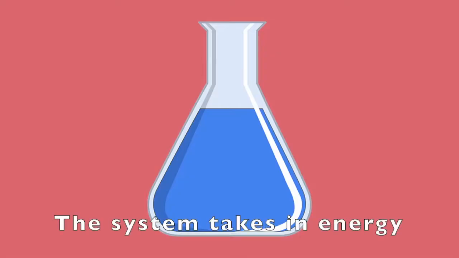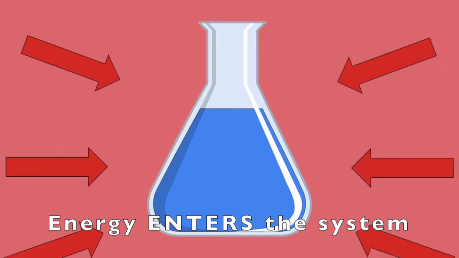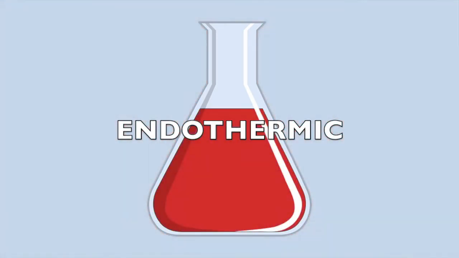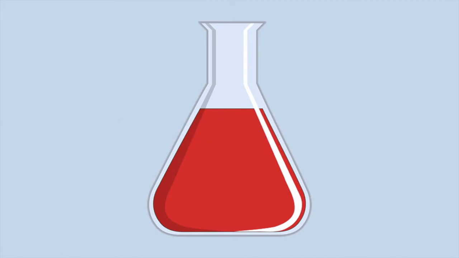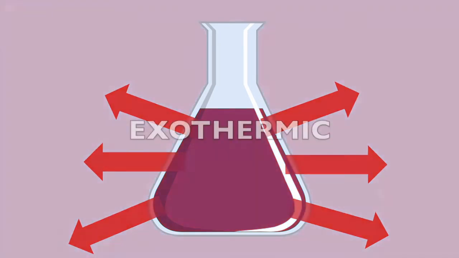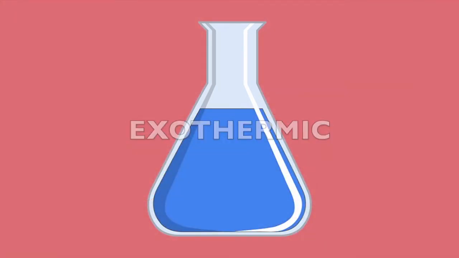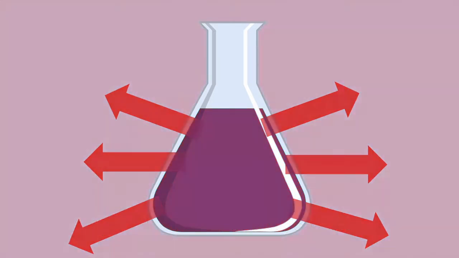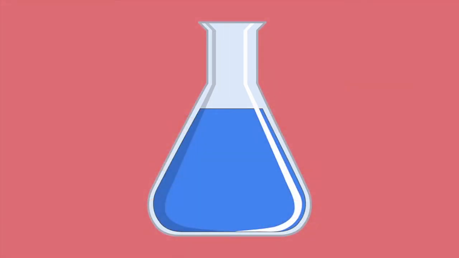We say that the system takes in energy, or energy enters the system. Endothermic, enter. When energy from the system is released to the surroundings, we call this exothermic. Energy exits the system. The system gives off energy to the surroundings.